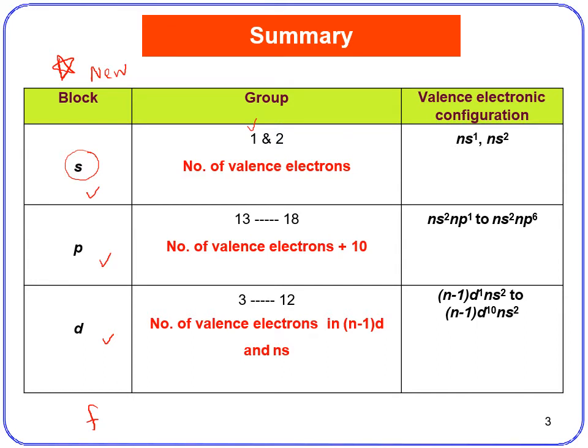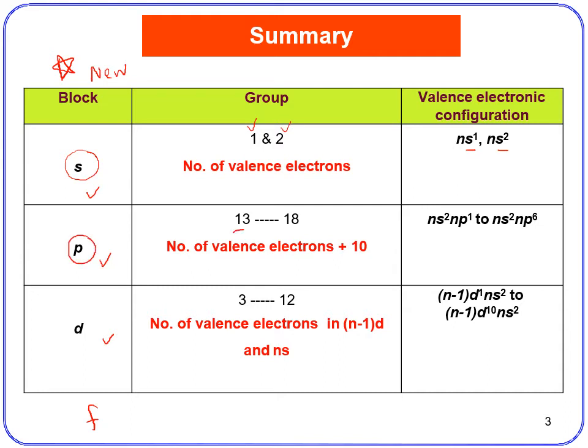The electronic configuration always ends with s1 or s2, meaning the last electron fills into the s orbital. The s orbital can only hold a maximum of 2 electrons, so that's why it ends with s1 or s2.